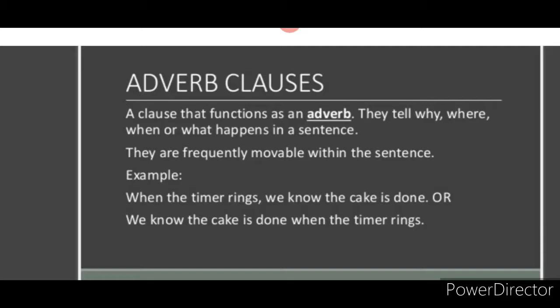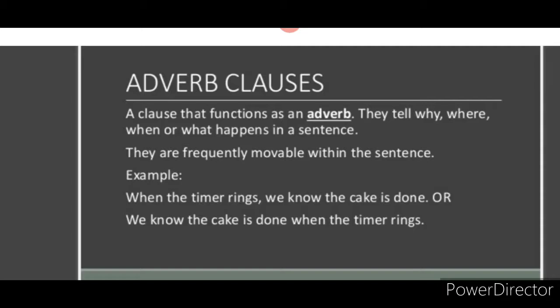Okay children, one more example I would like to give you. She was happy because her father gave her a watch. See this example. She was happy, because is a subordinating conjunction.